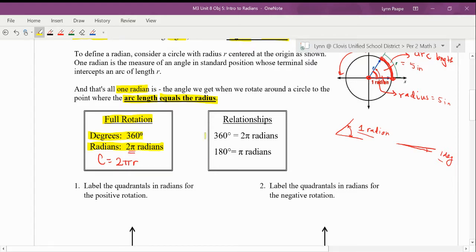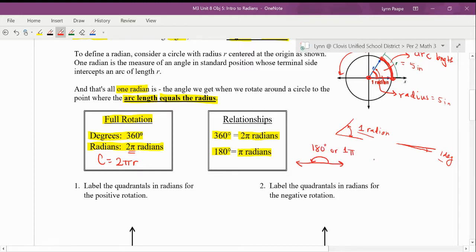So 1 full rotation in degrees is 360, and in radians is 2 pi radians. That means a half of a rotation is 180 degrees, or 1 pi radians. When I open up from here to here, that's 180 degrees.